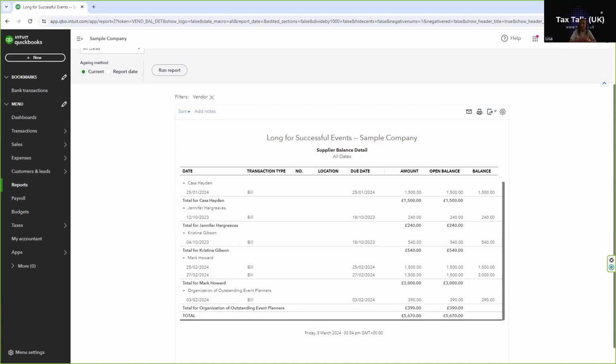For example, if we need to be able to monitor if we've got a credit with the supplier, if we haven't paid straight away, and we want to make sure that the bill's allocated in the right financial month for the accounts, or for the VAT return if you're VAT registered, then of course it is important to do that process of entering the bill in your QuickBooks software and then marking the bill paid from the bank at the point that you do so, and that will help you to manage who you owe money to.